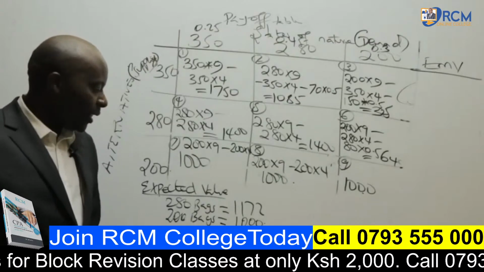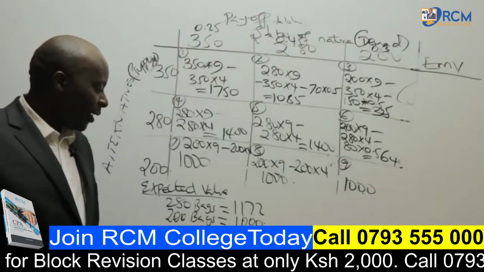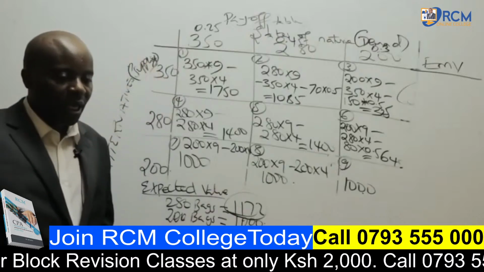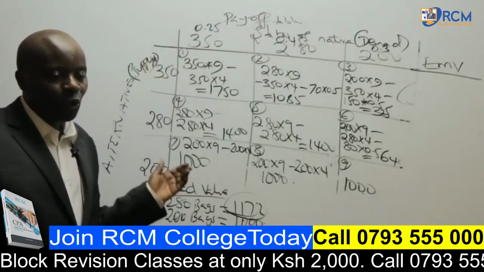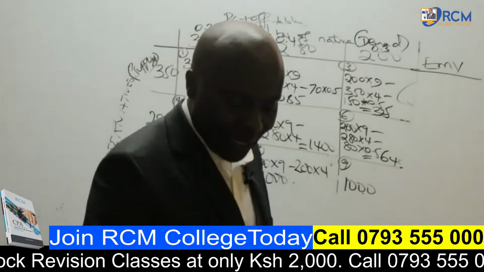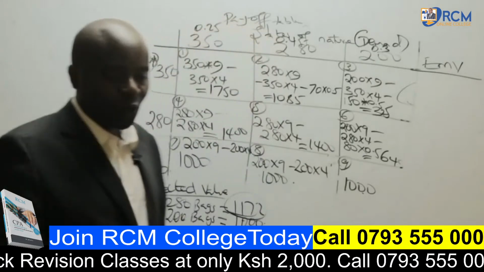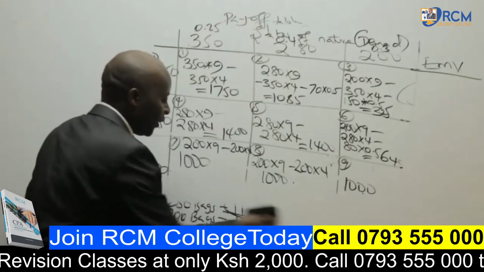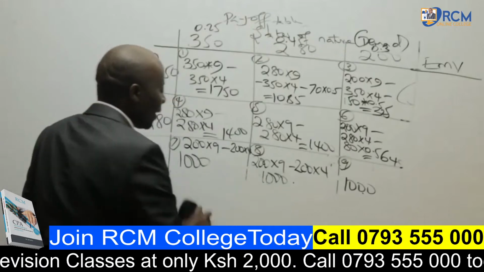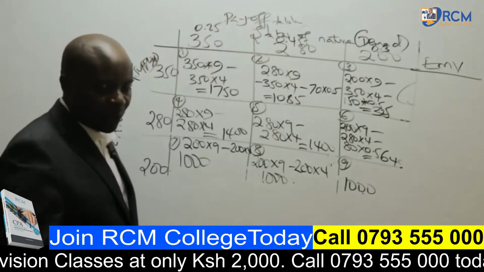Somebody tells me that 1172 is the highest, and therefore supply 280.